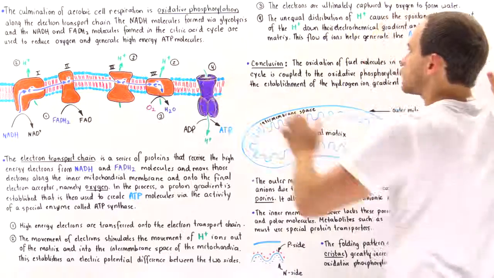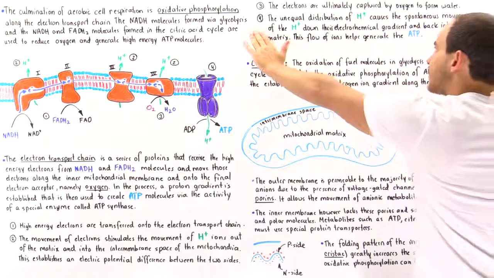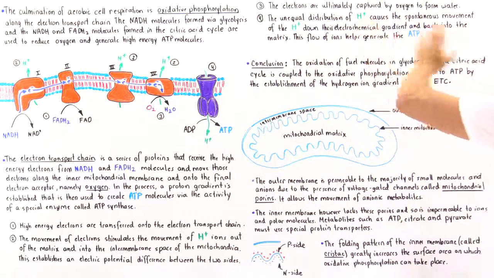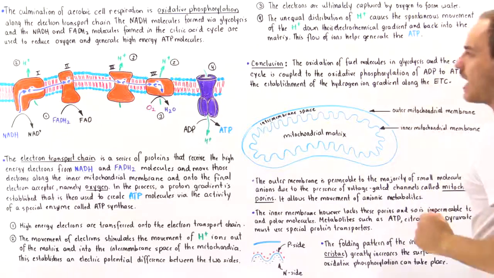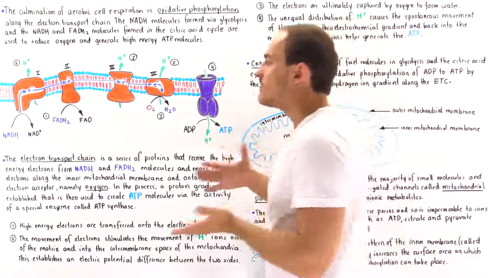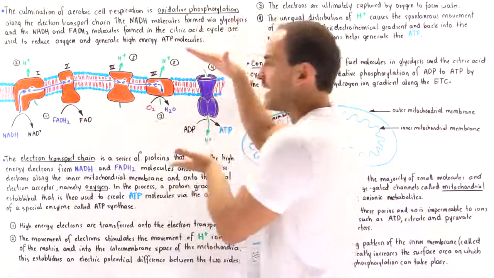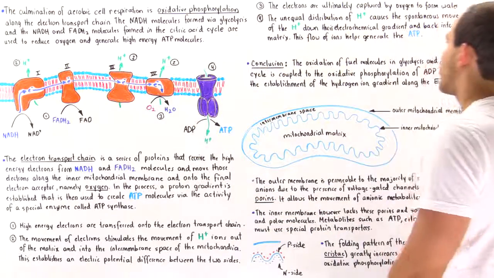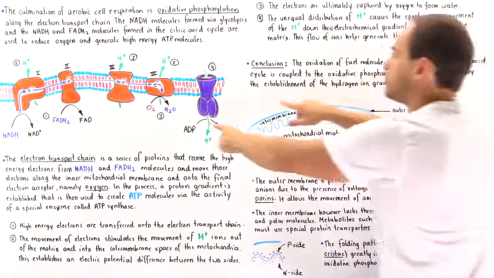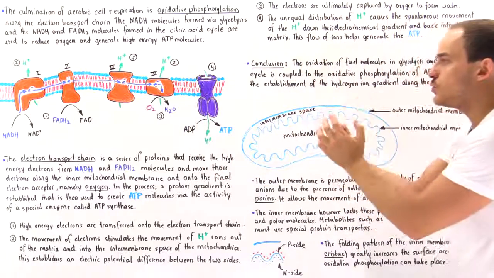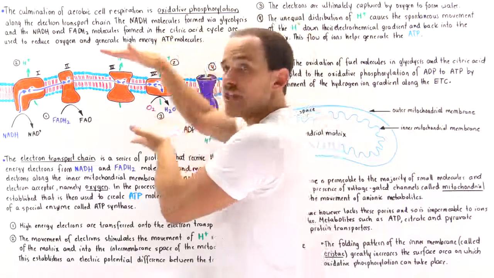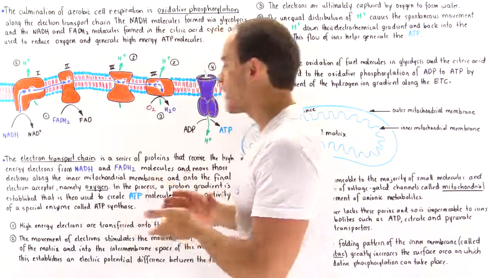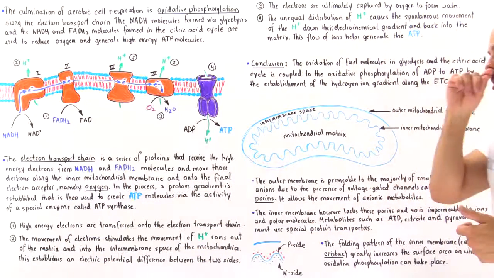And in the final step of the electron transport chain, the fact that we have an unequal distribution of H+ ions basically means we have an electrochemical potential difference between the two sides of our membrane, and that allows the ATP synthase to actually use that energy that is stored in that proton gradient to generate these ATP molecules.